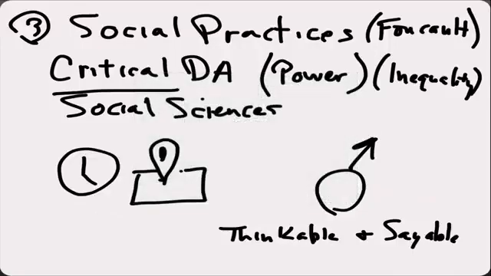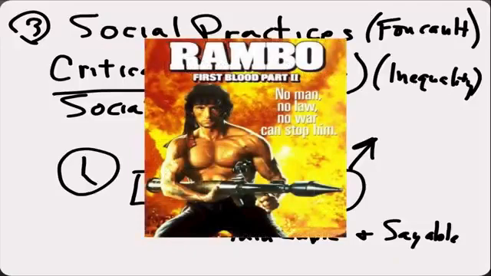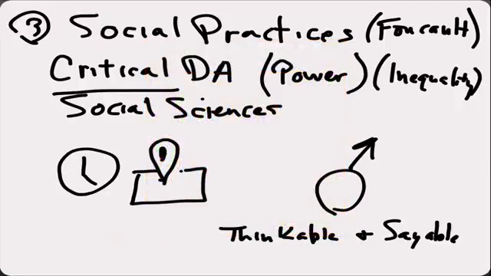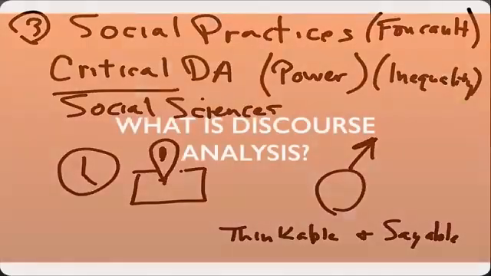Whereas when you get to the 1980s and to some extent today, muscularity plays a much bigger part of discourses of masculinity. So really, this notion of social practices is about critical power dynamics, inequalities, those kinds of things in producing what is thinkable and sayable at any one time. So doing a kind of analysis of these practices involves looking at lots of different texts and showing how these things are temporally and geographically located.